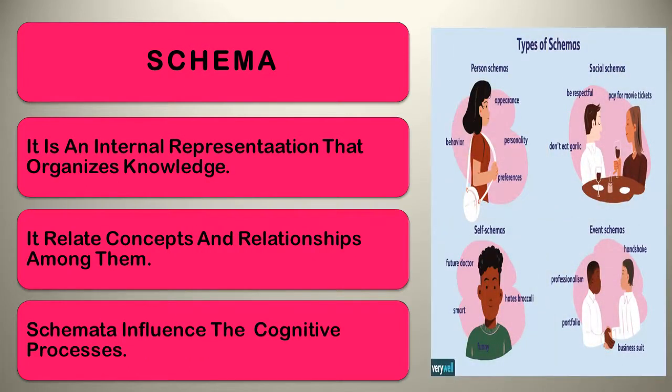Coming to the third core element of thinking, schema. It is an internal representation that organizes knowledge about related concepts and relationships among them. Schema influences most of the cognitive processes.